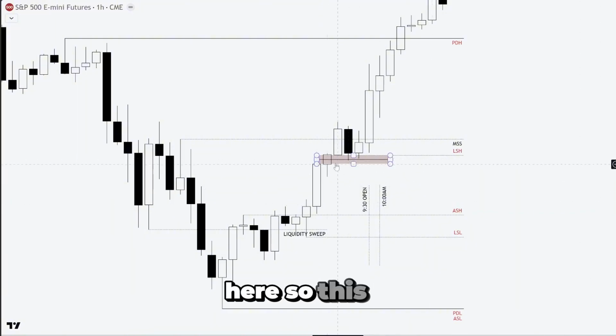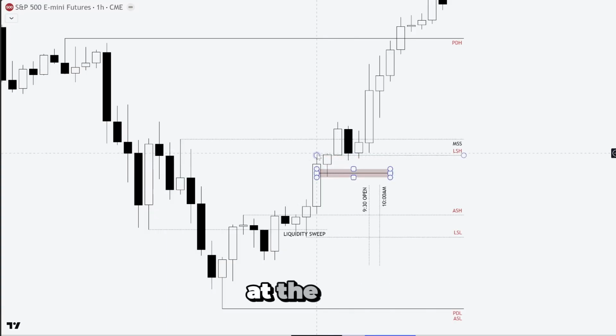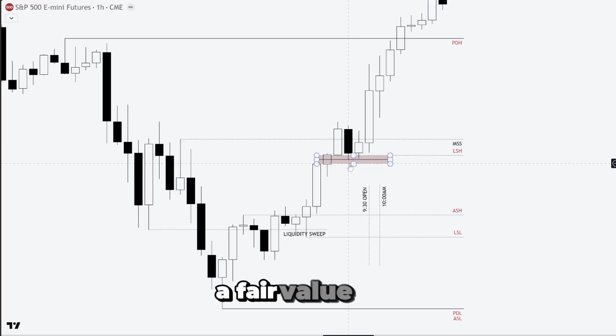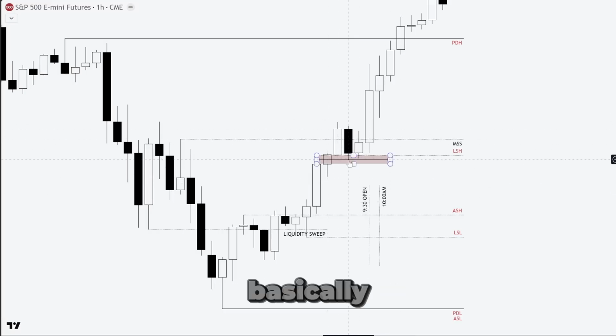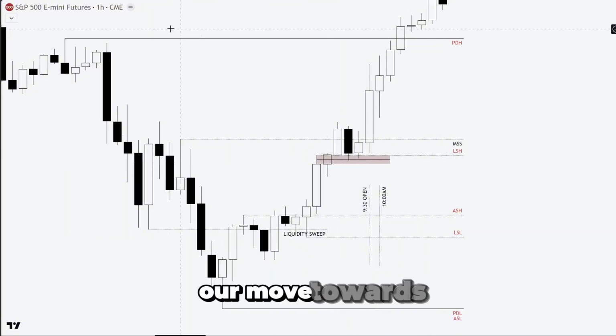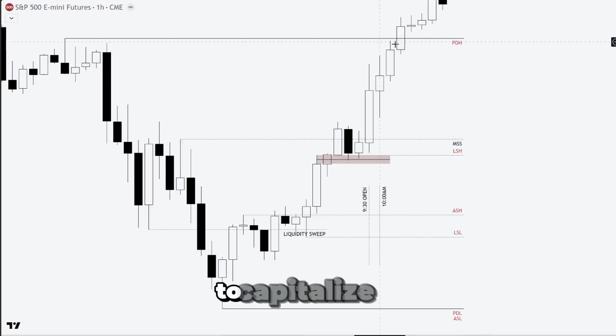So this is a wick at the end of this candle, and I'm considering this in the same way that I consider a fair value gap, as wicks are essentially imbalances. And you can see we retrace basically to the 50 point here, and then our move towards previous day high to capitalize on our target here happens.